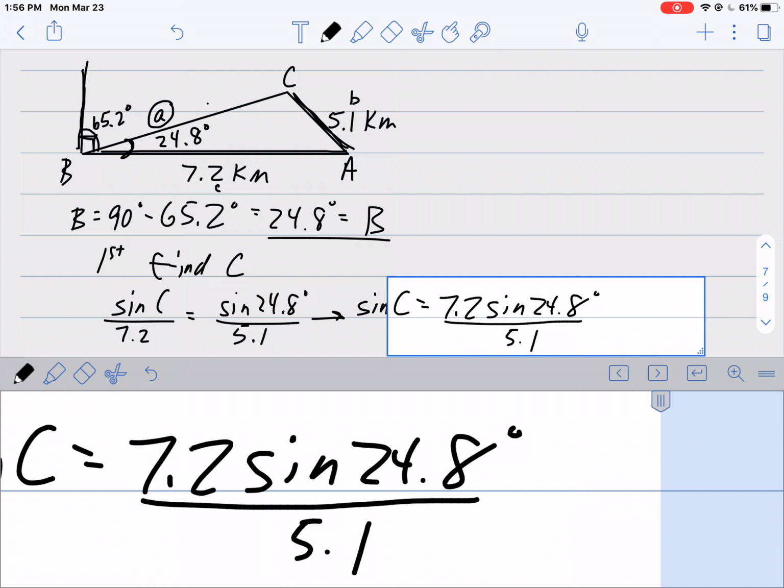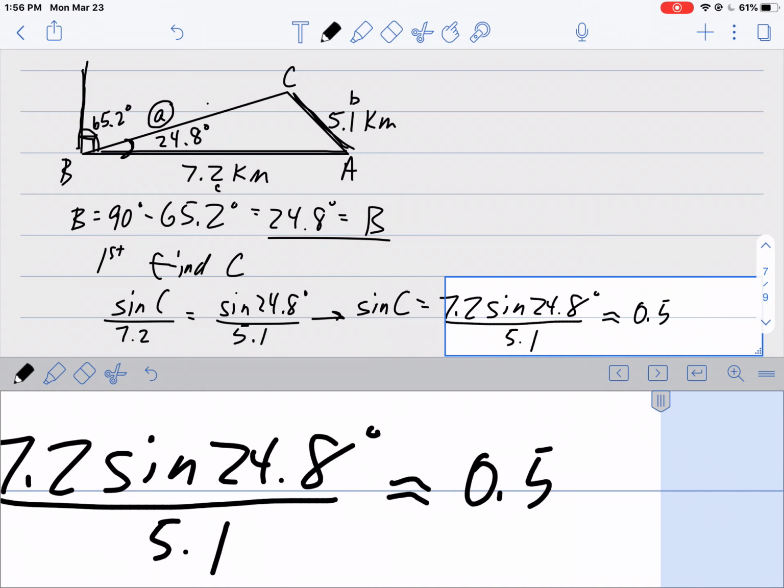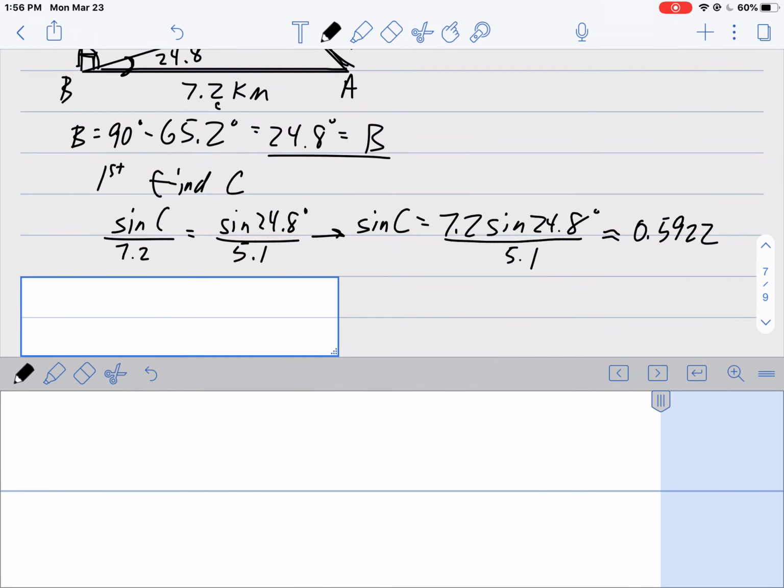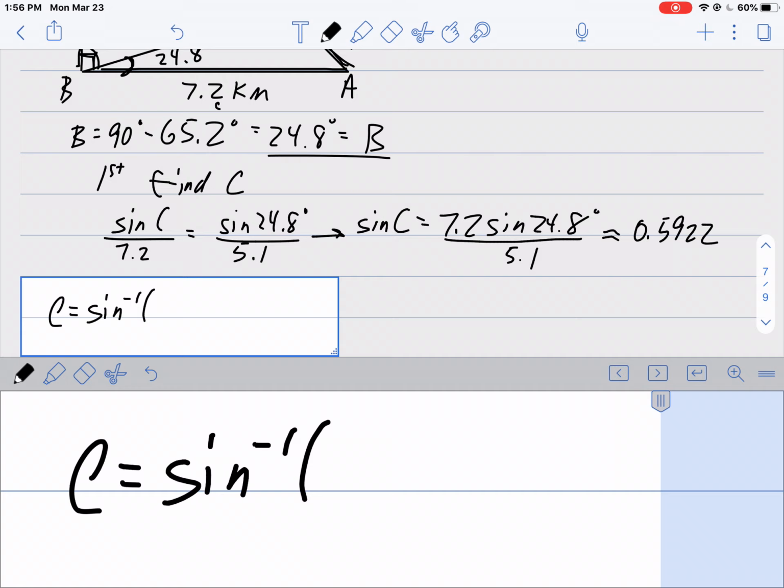And as I did before, I'm going to go and approximate that first. I get 0.5922 as the sine of C. So then we'll take C to be the inverse sine of 0.5922.